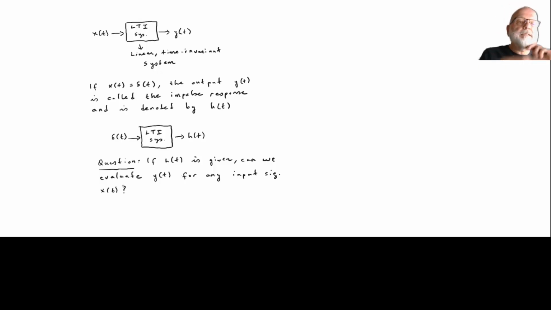You see, this is a very important question, and if we can answer this question, we are able to represent the input-output relationship in a linear time-invariant system. Now, the answer can be obtained quite easily as follows.